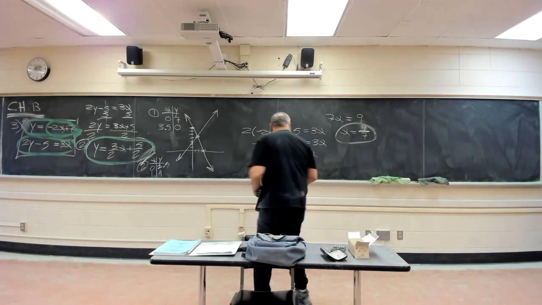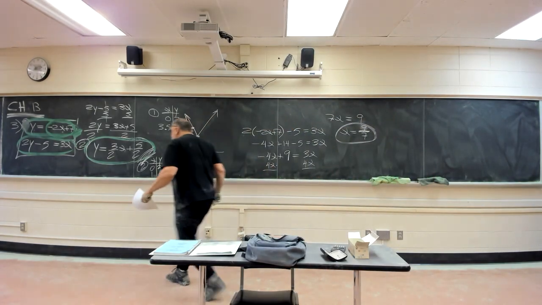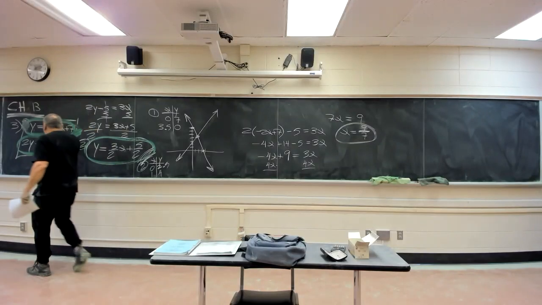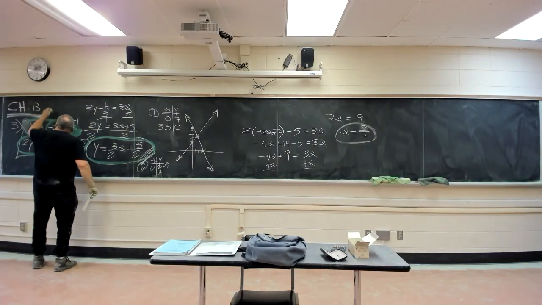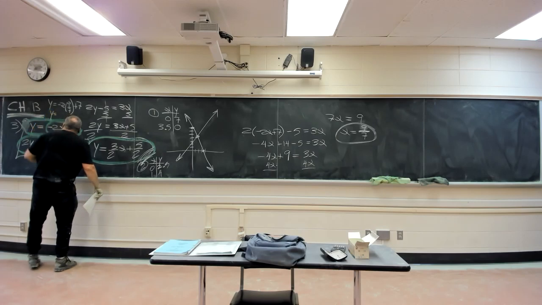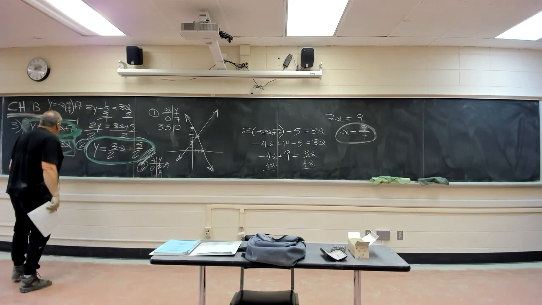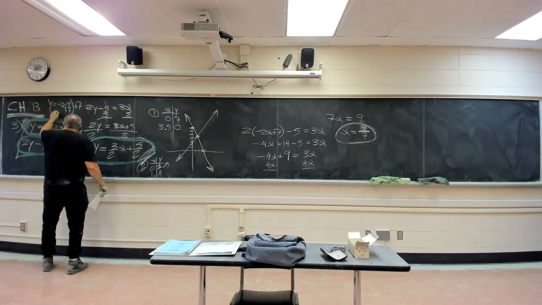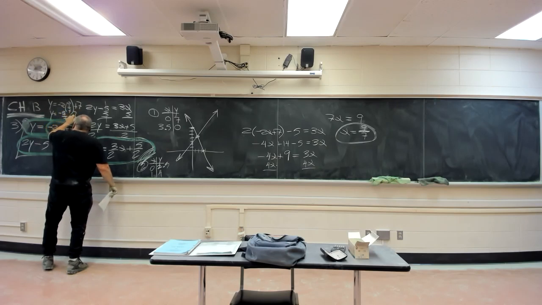Then I plug 9/7, which is x, in right here for y. Y equals negative 2 times x, which is negative 2 times 9/7, plus 7. Negative 18/7 plus 7.